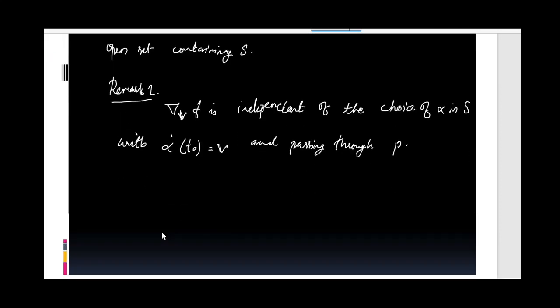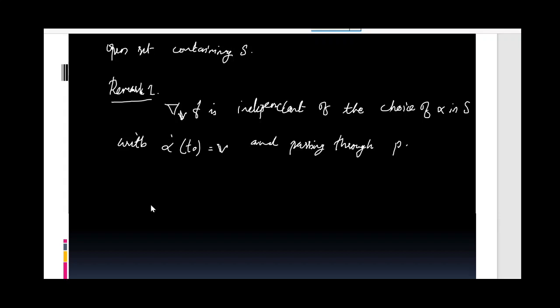So we can take this del v f as f tilde. Since we have already stated that f is said to be smooth whenever f is a restriction of a smooth function f tilde defined on an open set, this is f tilde composed with alpha at t naught.